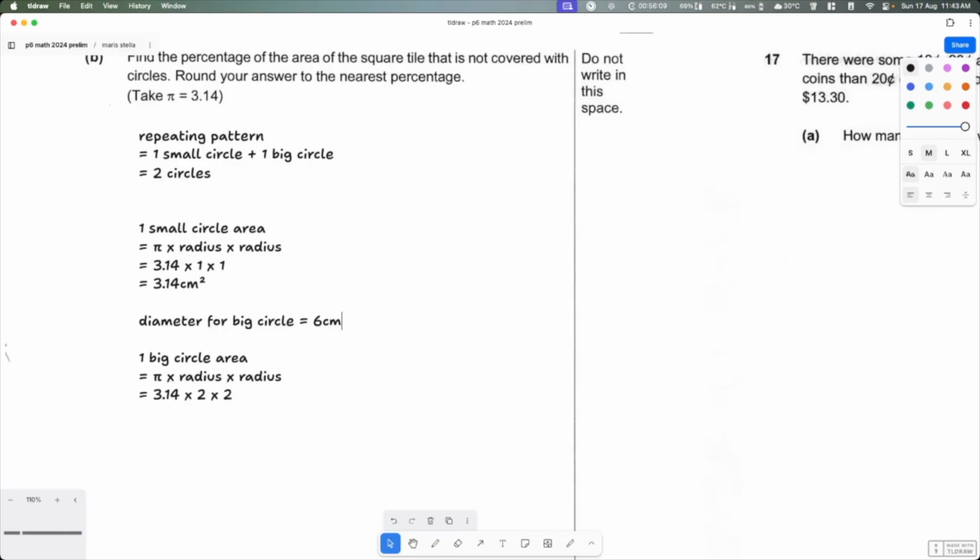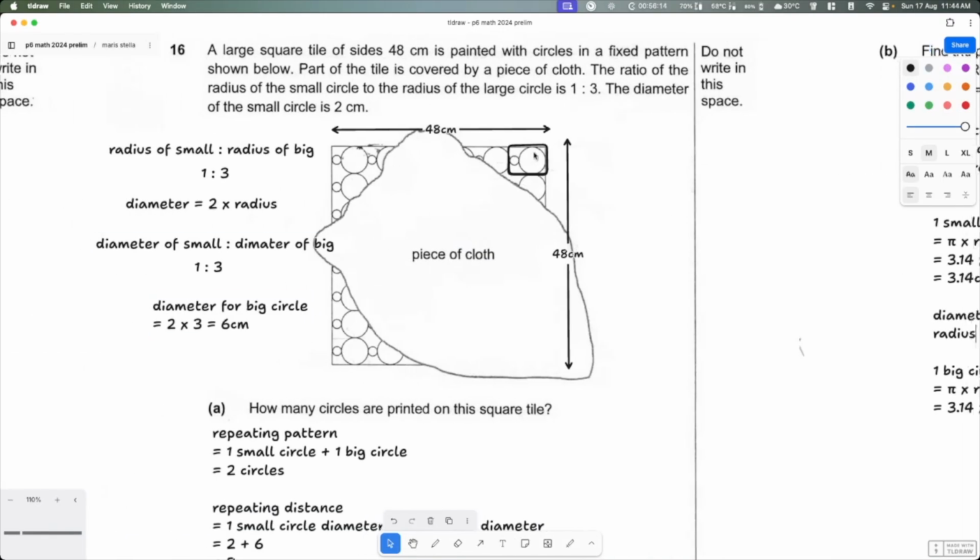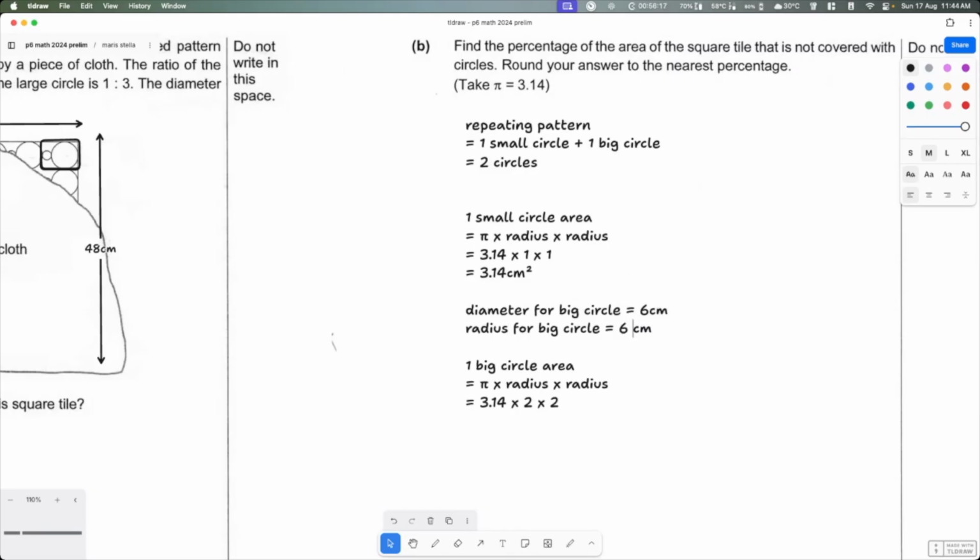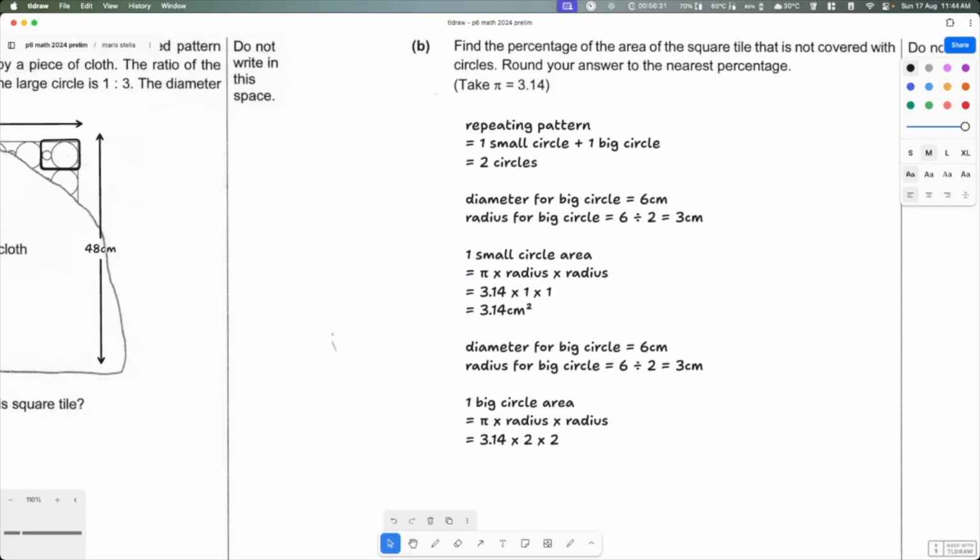That means the radius of the big circle is 6 divided by 2, which is 3 centimeters. The diameter of the small circle is 2, and the radius of the small circle is 2 divided by 2, which is 1 centimeter.